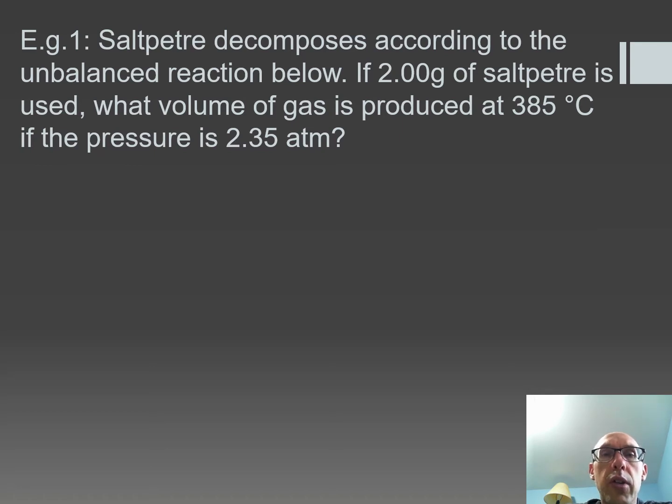Saltpeter, which is a chemical with a symbol of, okay, green should show up nicely, KNO3, and it reacts to make potassium oxide plus nitrogen plus oxygen.